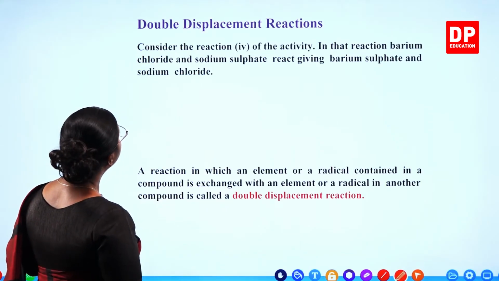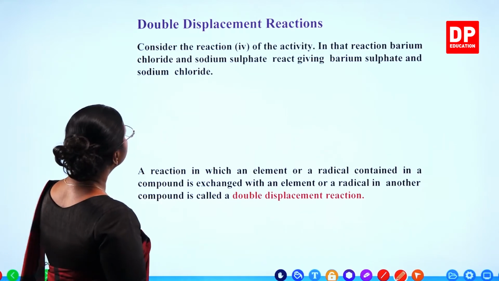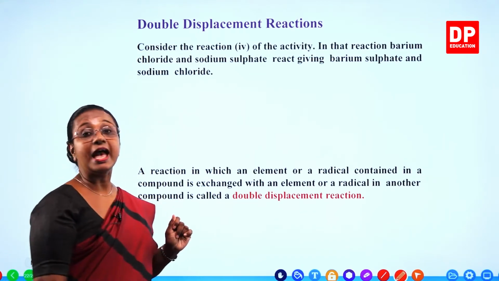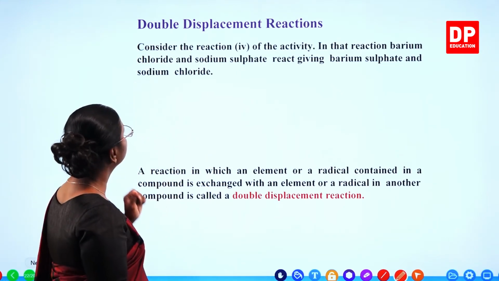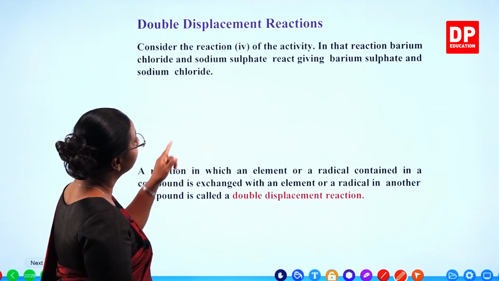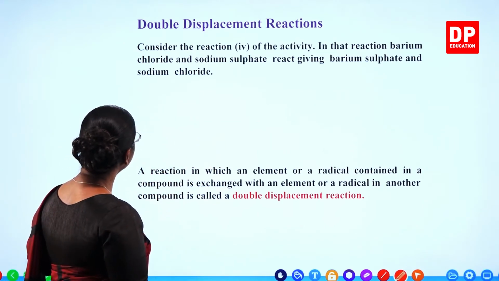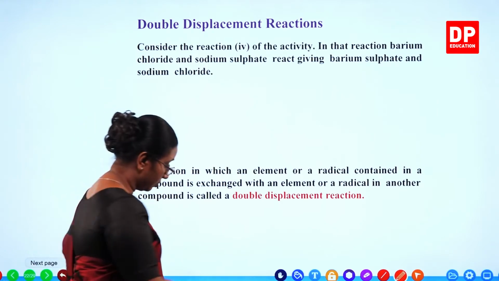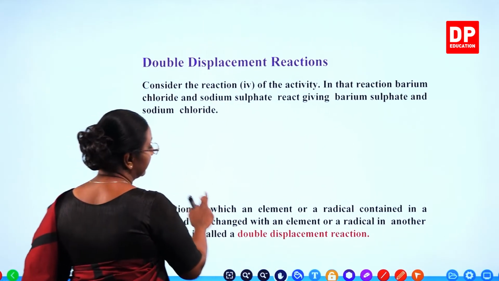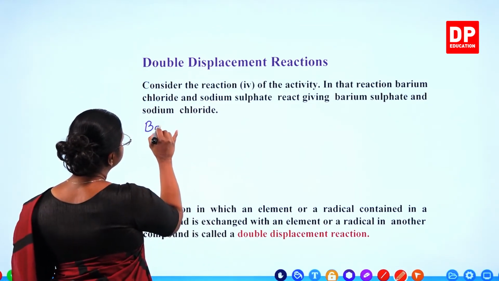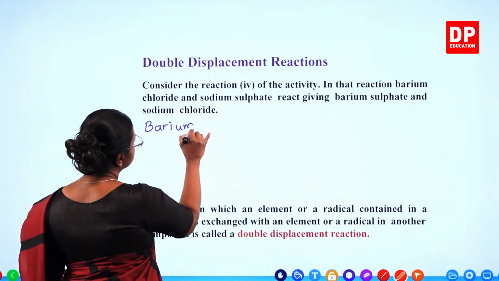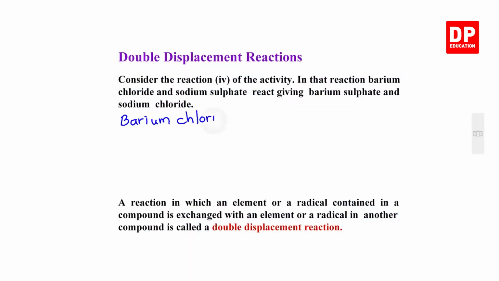So when we say double displacement reaction, consider the reaction 4 of the activity. You can remember that. In that reaction, barium chloride and sodium sulfate react, giving barium sulfate and sodium chloride. So, how do we get that? Barium chloride plus sodium sulfate.